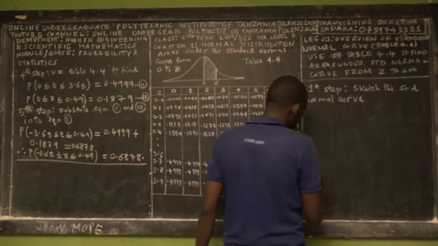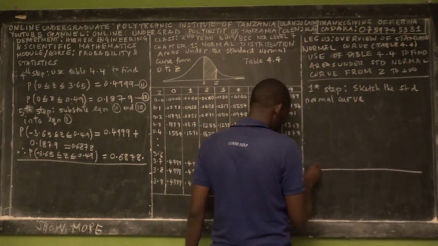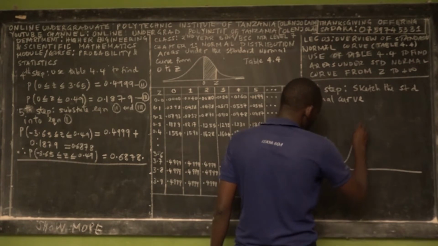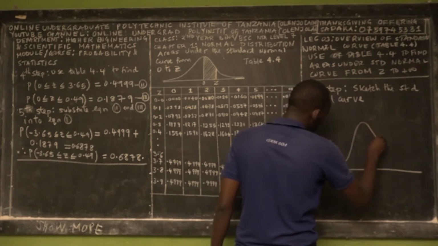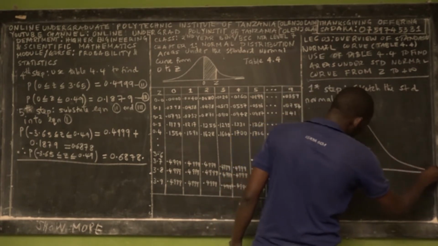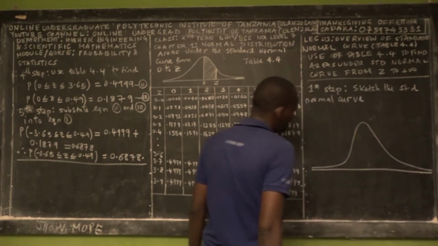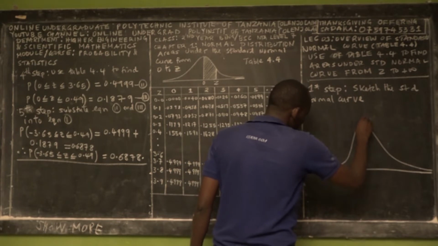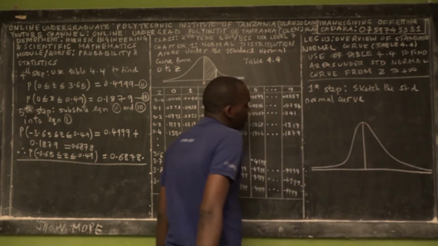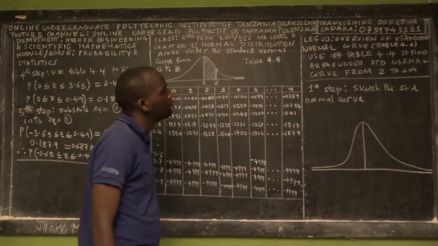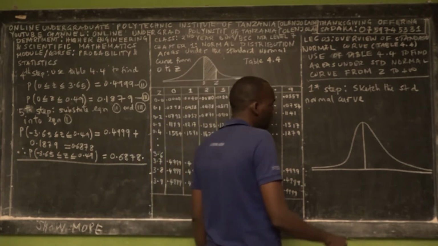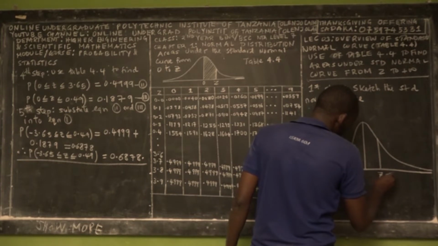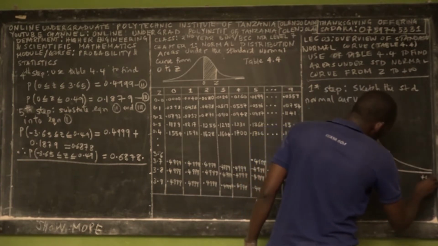So to sketch the standard normal curve, and then have a sketch from Z to positive infinity.